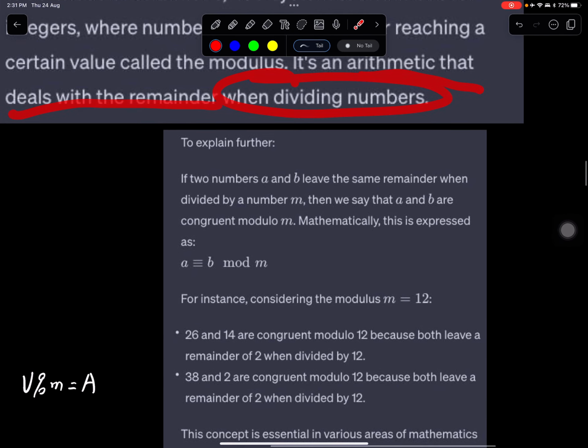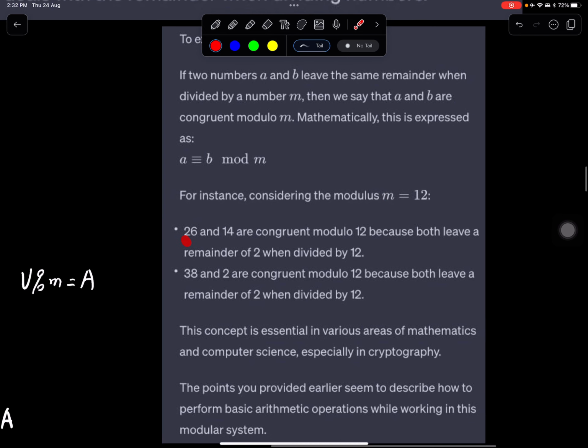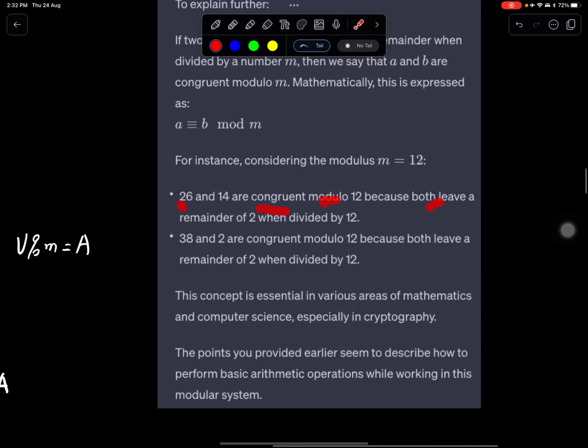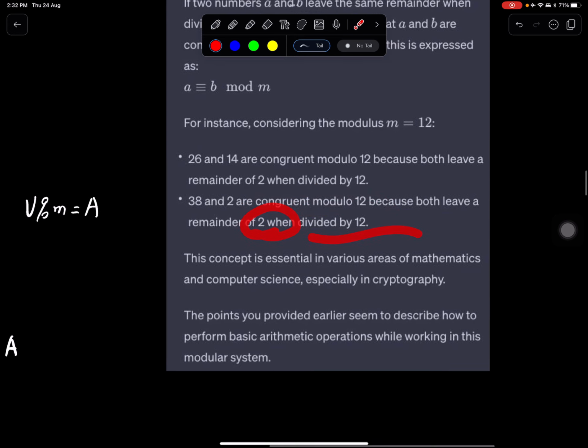To explain further, if two numbers A and B leave the same remainder when divided by a number M, we say that A and B are congruent modulo M, mathematically expressed as A congruent to B mod M. For instance, consider the modulus M equal to 12. 26 and 14 are congruent modulo 12 because both leave a remainder of 2 when divided by 12.